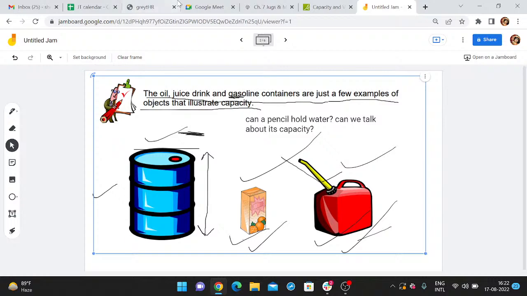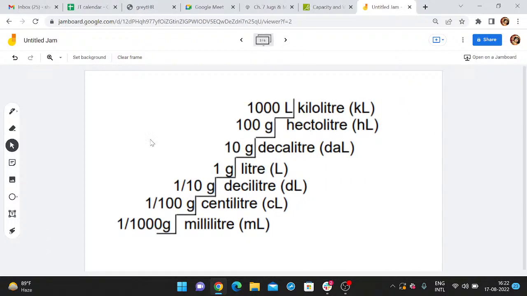Now let's move ahead. Now this is one interesting chart which is making conversions clearer for us.